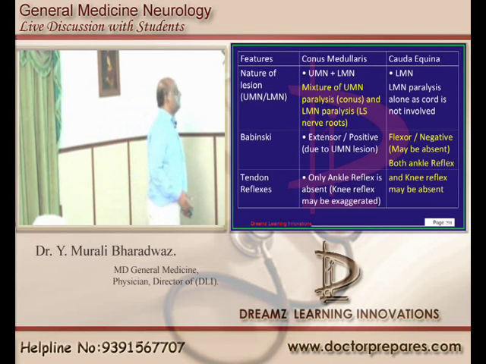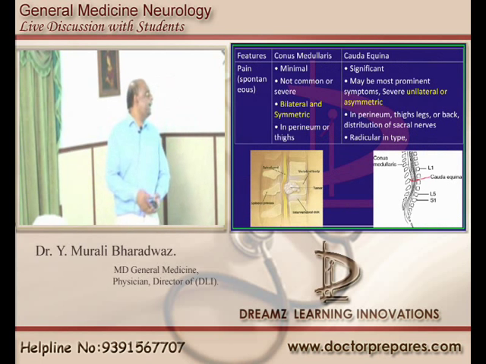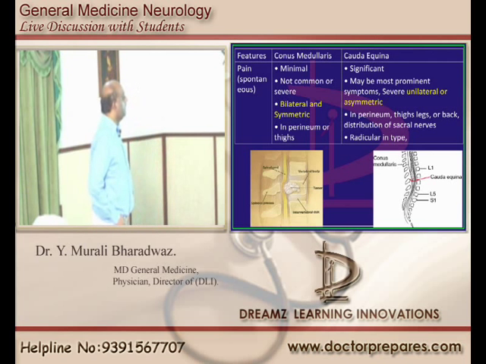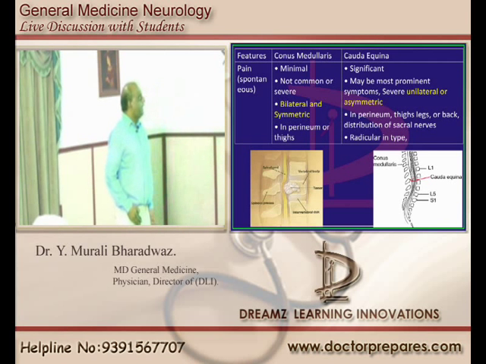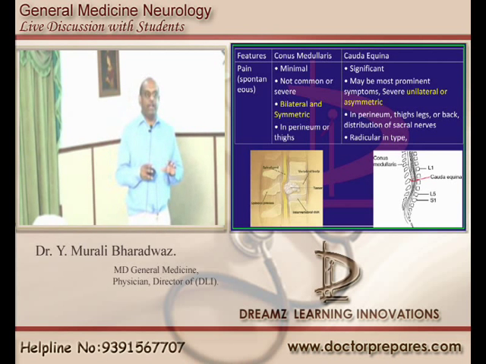If you look at pain, in cauda equina pain is significant, obviously. Radiculopathy is a shooting pain, but in conus it is not there because the spinal cord is involved. Maybe you will have funicular pain, not radicular pain. Then in conus, whenever there is a compression on the terminal part of the spinal cord, the compressing mass cannot differentiate the right part from the left part of the conus.